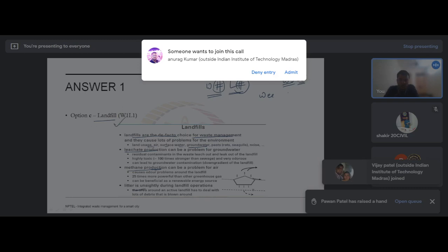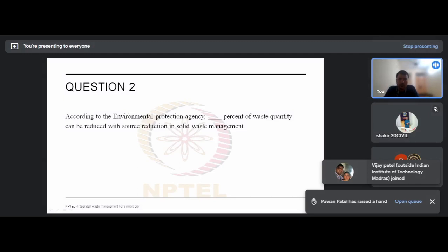So we'll see the second question now. According to the Environmental Protection Agency, what percent of waste quantity can be reduced with source reduction in solid waste management? The given options are 100, 15, 10, and 15.